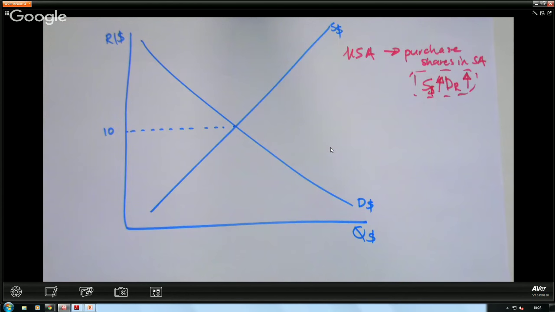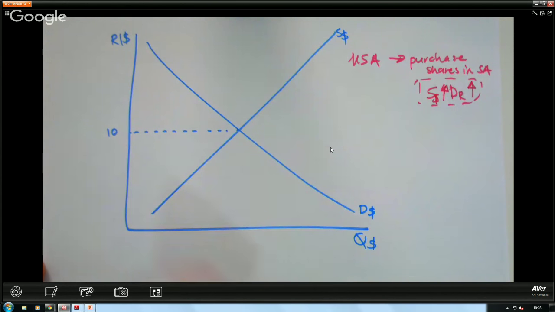And now I want to show that on this graph. This is direct quoting. So what will happen? What line is going to shift where? What are we working with? Dollars. Right. So what happens to dollars?